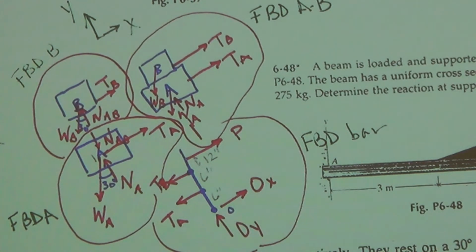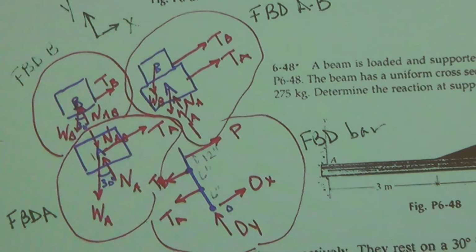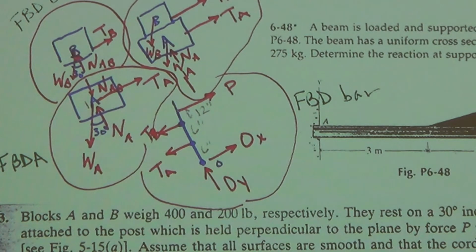Could you do it in 2? Okay, let's try it. The free body diagram of everything, and then you would do some of the moments. So let's do that and find NA. Okay, so which one's on top? Is it B? Yeah.